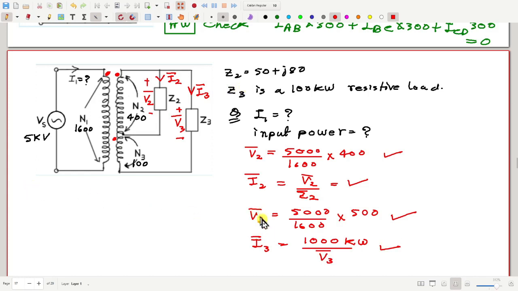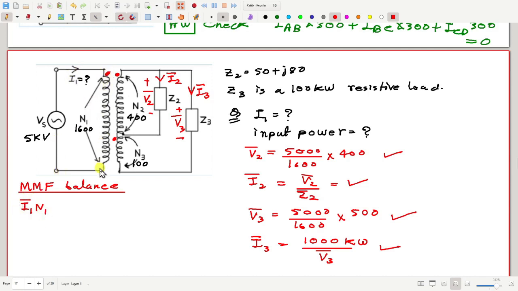Now once we know I3 and I2, we can use the MMF balance. What will be the MMF balance equation? This is a bit tricky. Can you tell me what is the MMF produced by I1? If the number of turns is N1, the MMF produced by I1 is I1 N1, and I take it to be positive because it is entering the dot.